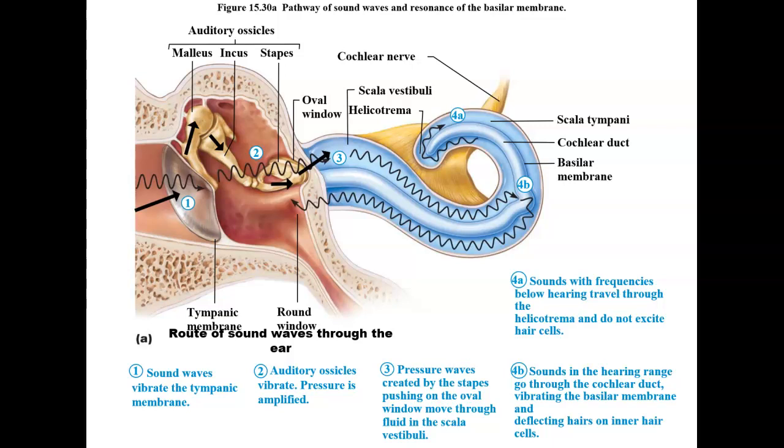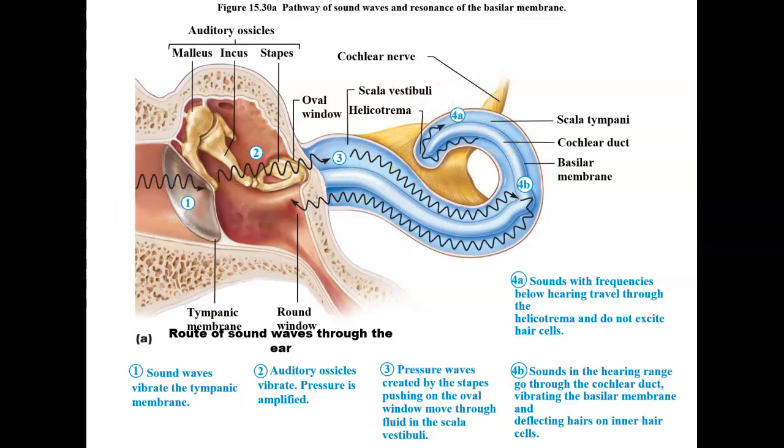That rocking of the fluid, depending upon the frequency of the sound wave, is going to cause the cochlear duct fluid to move, which is going to move that little basilar membrane, and then all the extra pressure waves are going to be dissipated out of the inner ear through the round window, into the tympanic cavity. So different frequencies of sound are going to rock different portions of the actual cochlea.